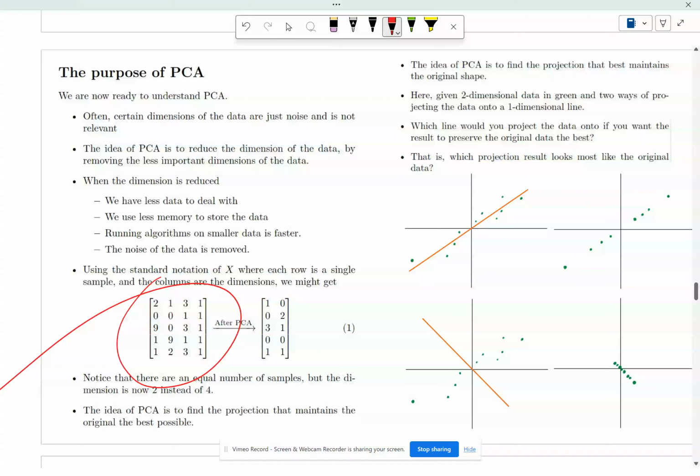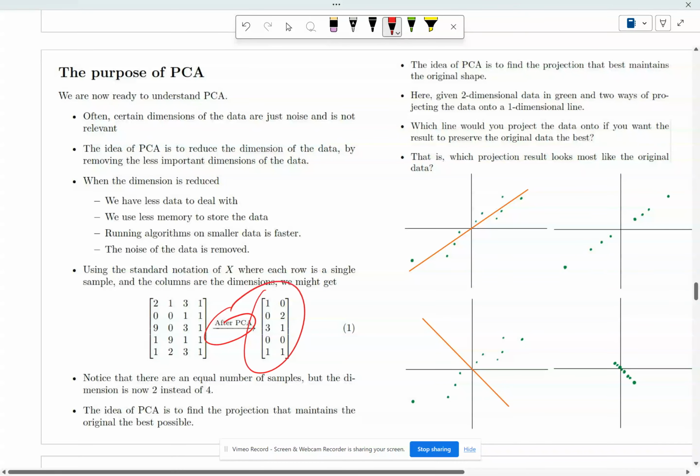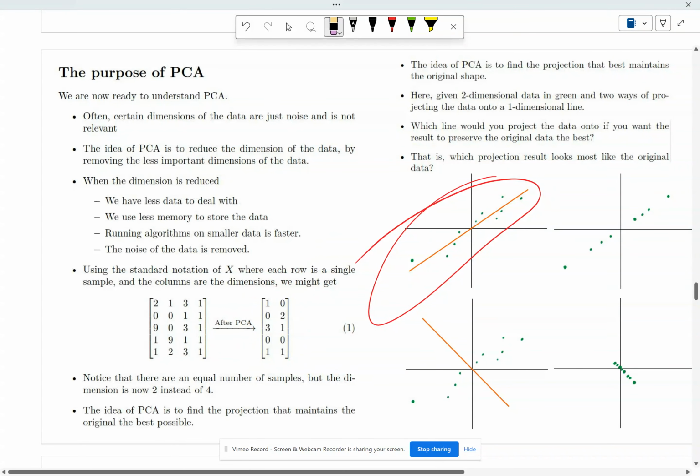Therefore, after PCA, we end up with different data that still represents basically the same information, yet compressed into fewer dimensions. So the idea of PCA is that you have some data, like the green dots here, and you want to find a direction, a vector, such that when you project down, you end up getting this.